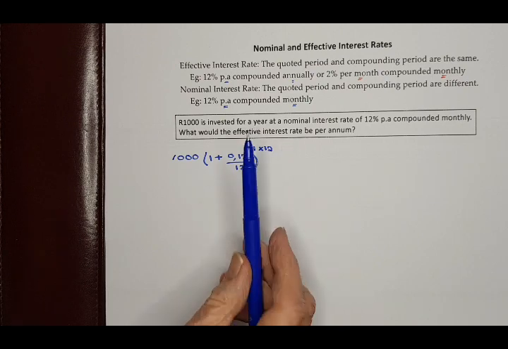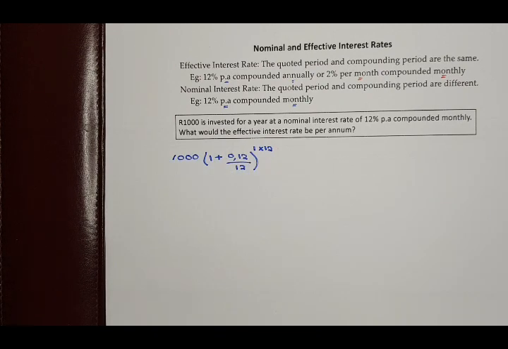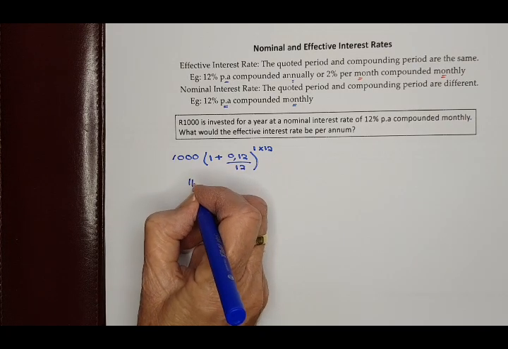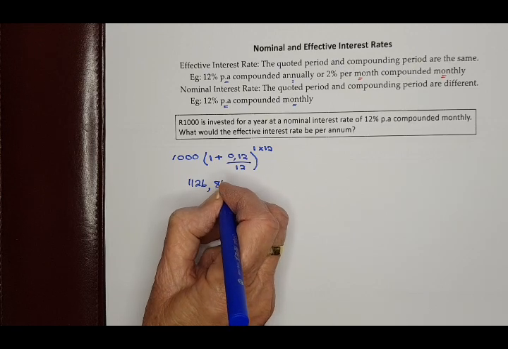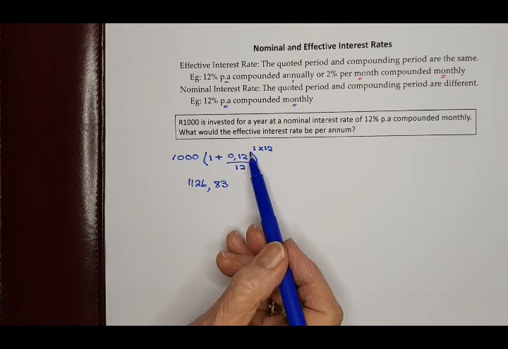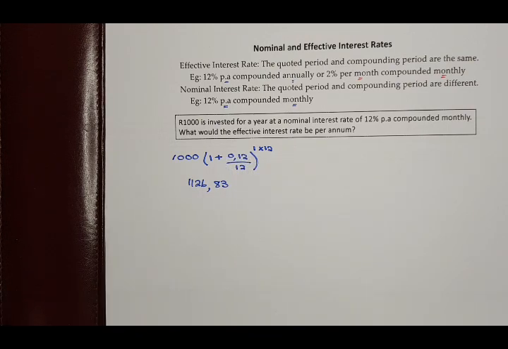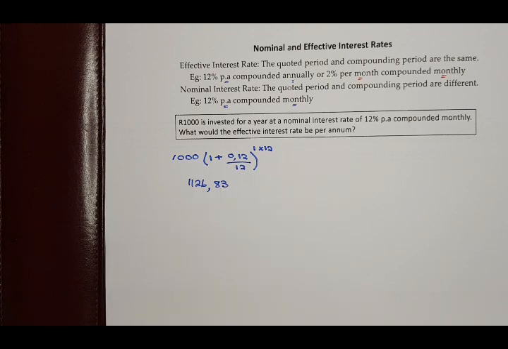In other words, this total amount of money over here, which is going to work out to be 1126,83. I want to know, what would the effective rate of interest be if I just did a calculation once at the end of the year that would give me that same amount of money?